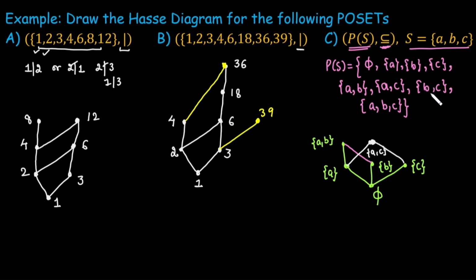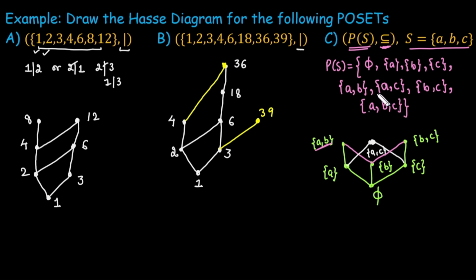Next set we have contains two elements B and C. So C is a subset of set B and C. Even B is a subset of this. So we will join them. And the last element we have in this set is set A, B, C. Now whether this is a subset of this?